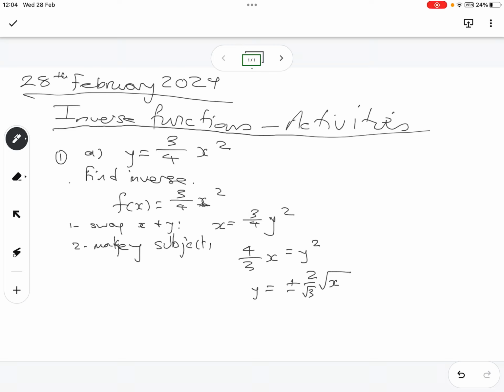And this is f inverse of x, positive, negative.